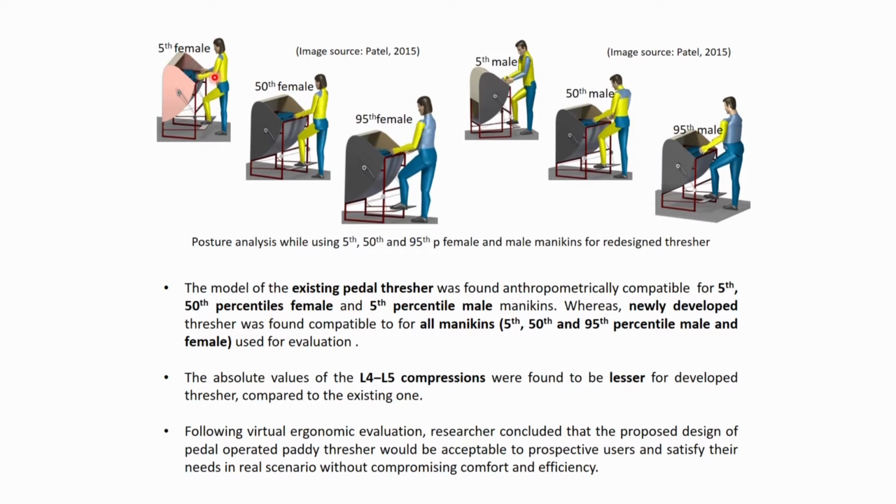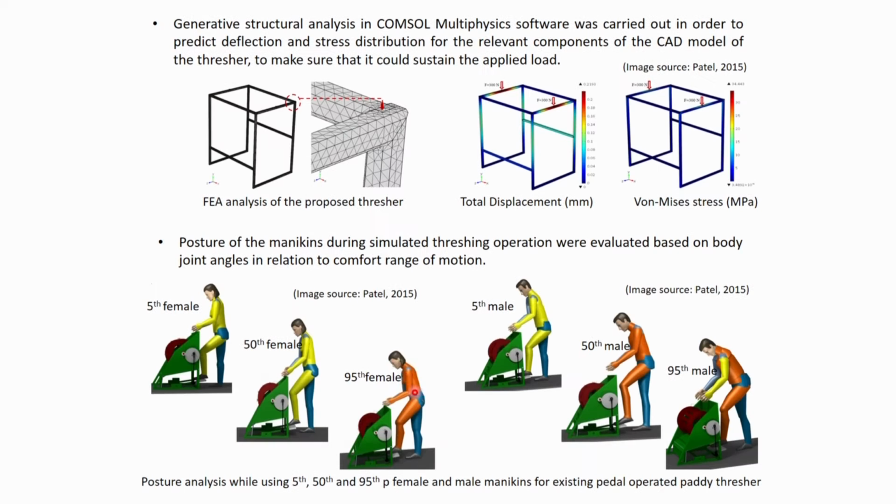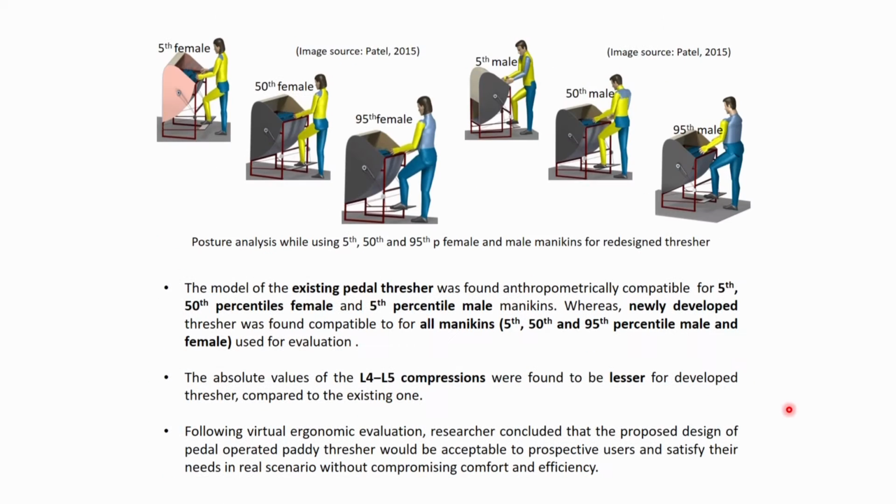So starting from 5th percentile female to 95th percentile male, everybody can use it comfortably and need not adopt a bending posture, as indicated by yellow color. But in earlier cases, for 95th percentile female as well as 50th percentile male and 95th percentile male, it was in orange color.